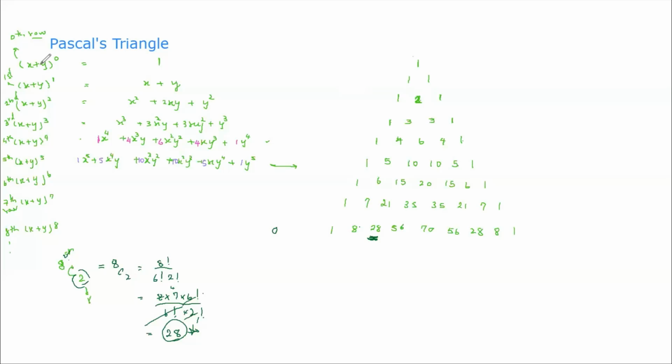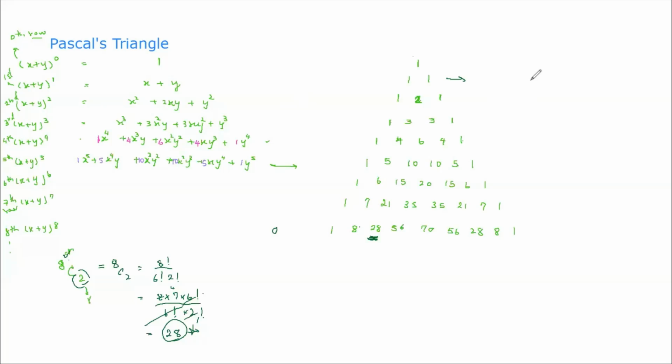Because x plus y, the whole thing to the power 0, is always 1. But now we do the first row, 1 1 here. How do we get 1 1 from the lesson? Another way is to use a combination. We start from the first row here.